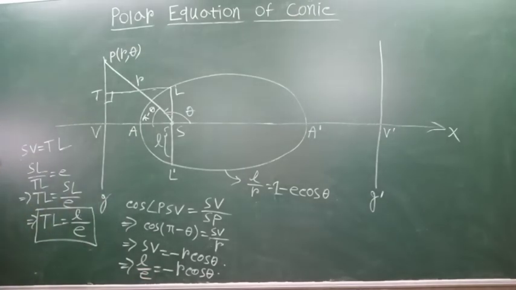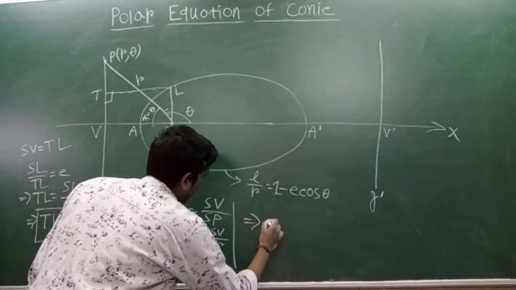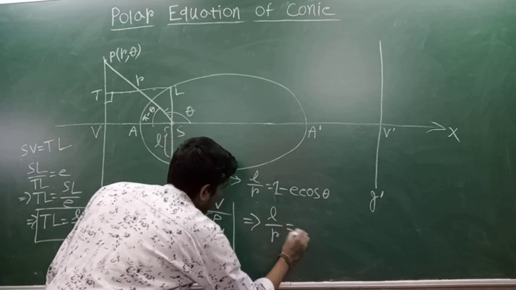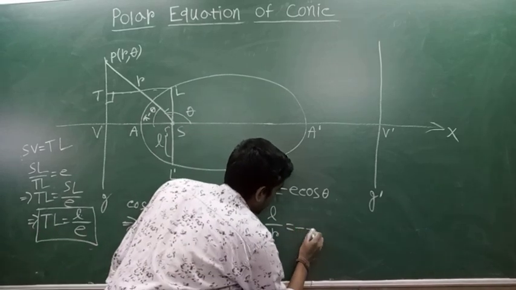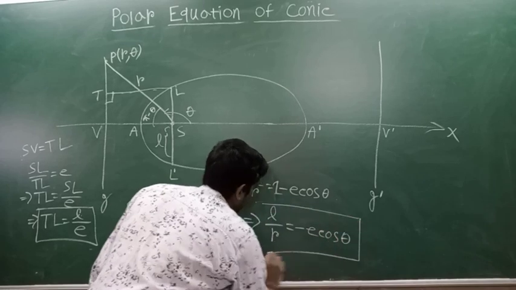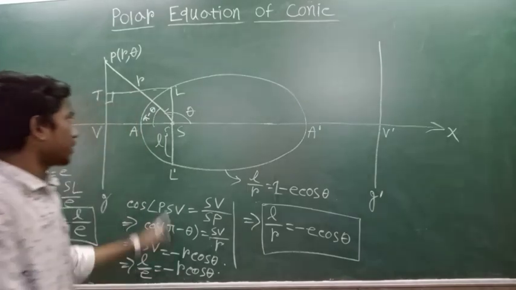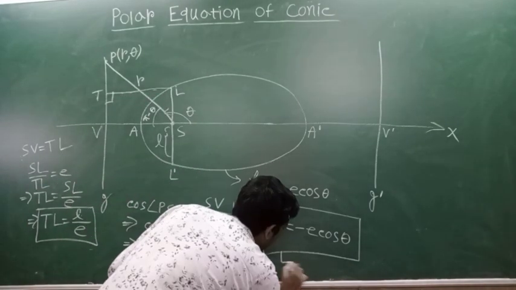So l by e is equal to minus r cos theta, which implies that l by r is equal to minus e cos theta. And this is the required equation of this directrix, the nearest directrix.